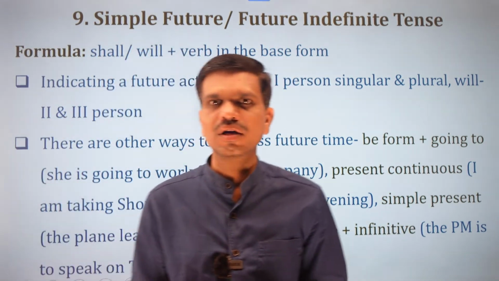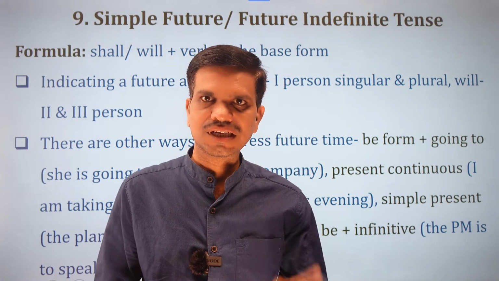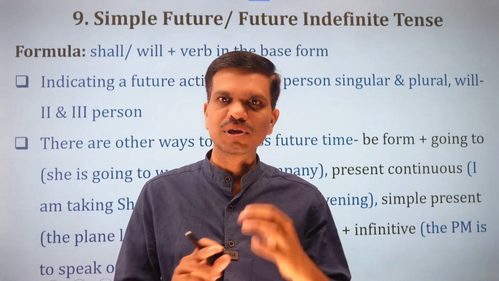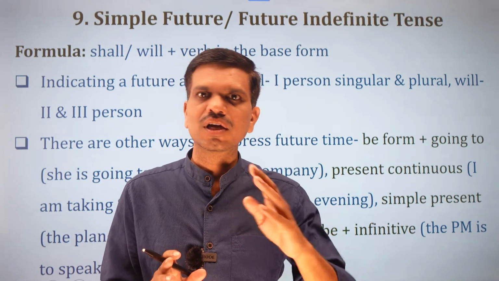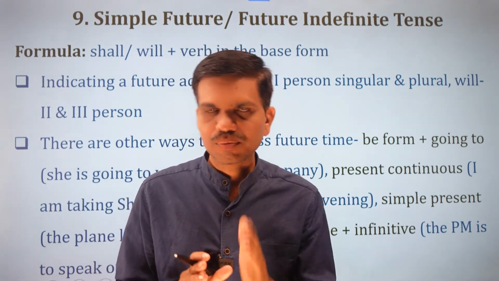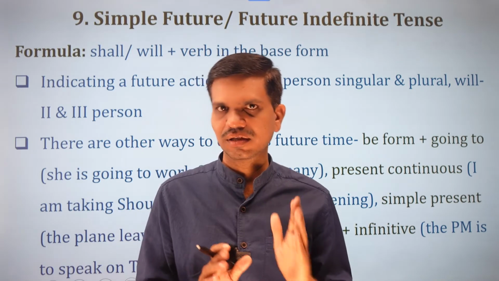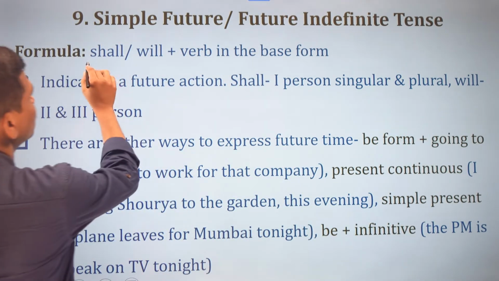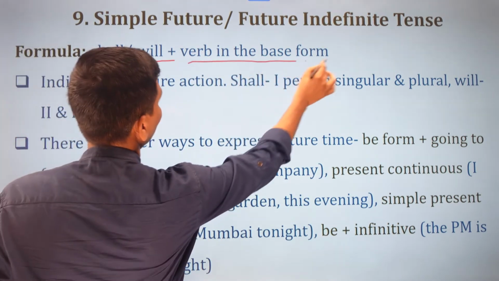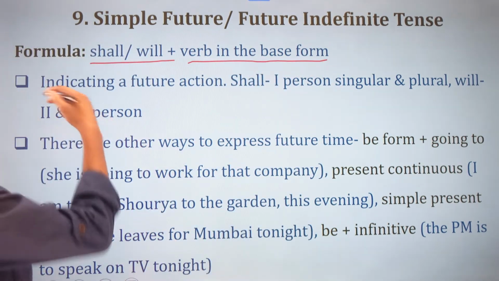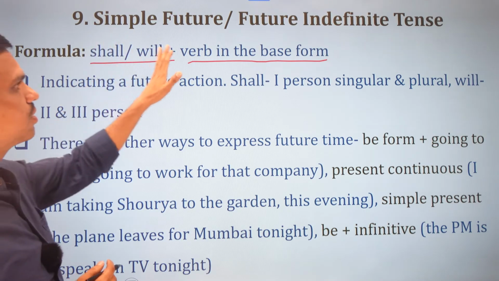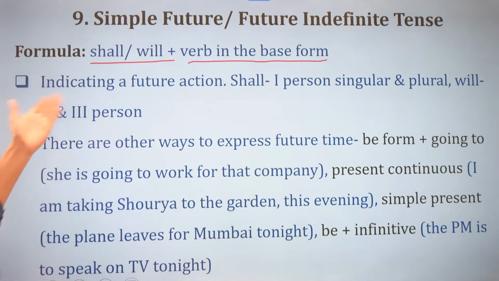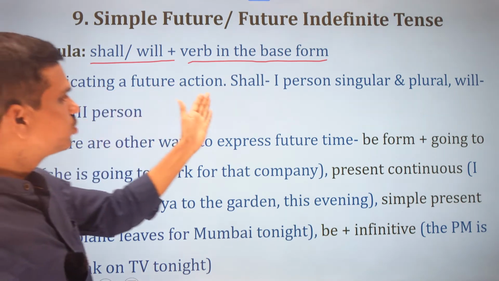So till now we have discussed two major tenses, present tense and past tense, and based on this time frame we have discussed four tenses in present tense and four tenses in past tense. Now future tense. Again, simple future, the formula is very simple, shall, will plus verb in the base form. When you use shall or will, the verb must be in the base form. Now it is used to indicate a future action.